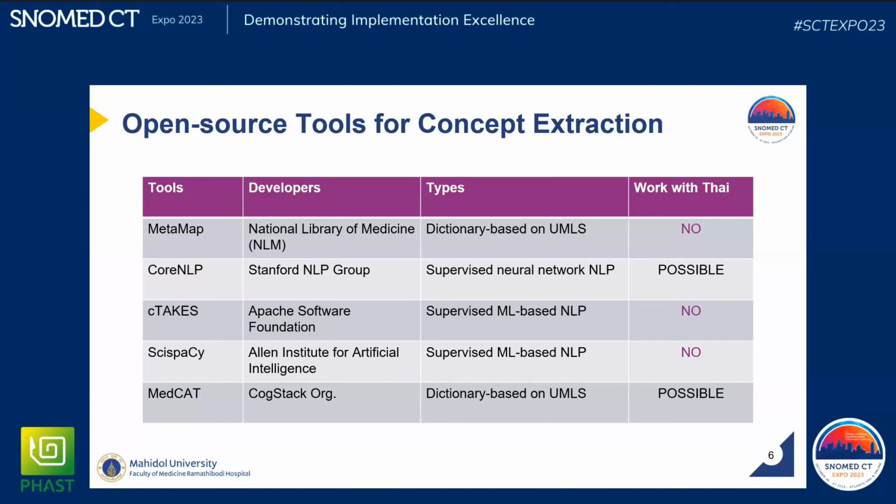The first one is Core NLP, developed by Stanford. This can work with Thai, but because the type here is supervised machine learning, it cannot be customized to our own data, because the machine is learning from the correct answers that were provided to it.